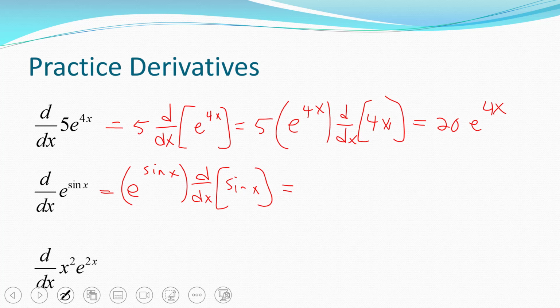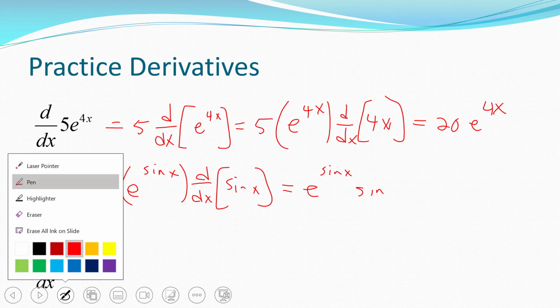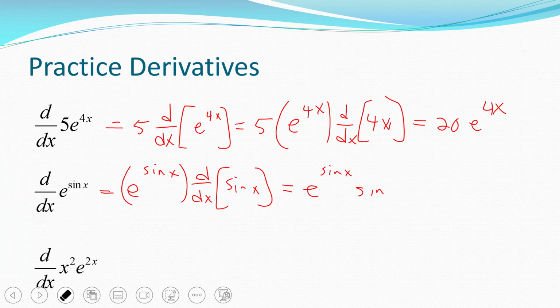There's not really a rule, but generally we tend to write exponential functions before trig functions. So we write this as e to the sine of x times the derivative of sine, which of course is cosine of x.